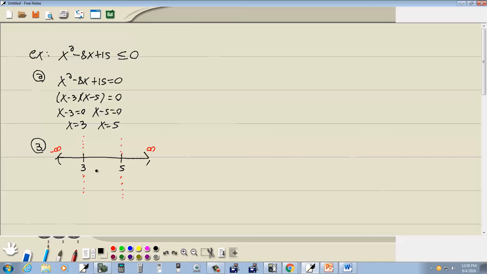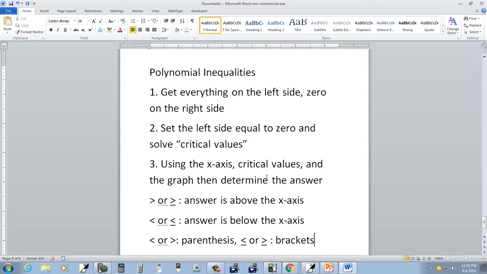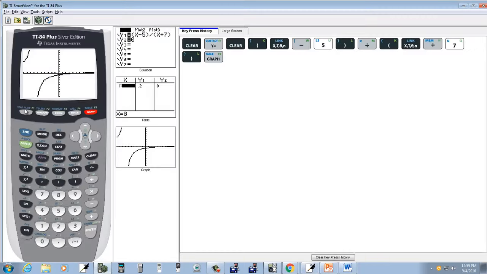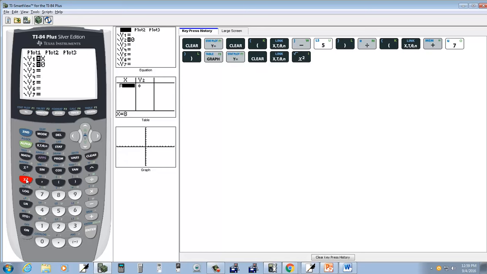So using the x-axis, the critical values, and a graph. You want to graph this, and you want to graph at the point where you got 0 by itself on the right side, which would work right here. So if I go put that in the calculator, y equals, clear, I got x squared minus 8x plus 15, and then I'll push graph.